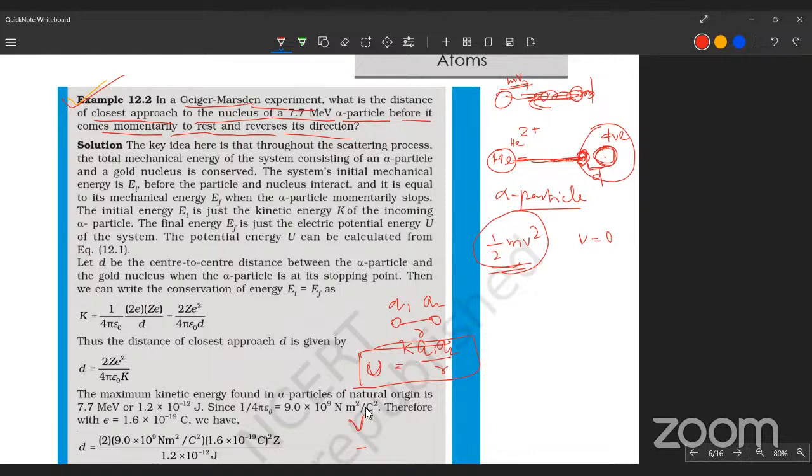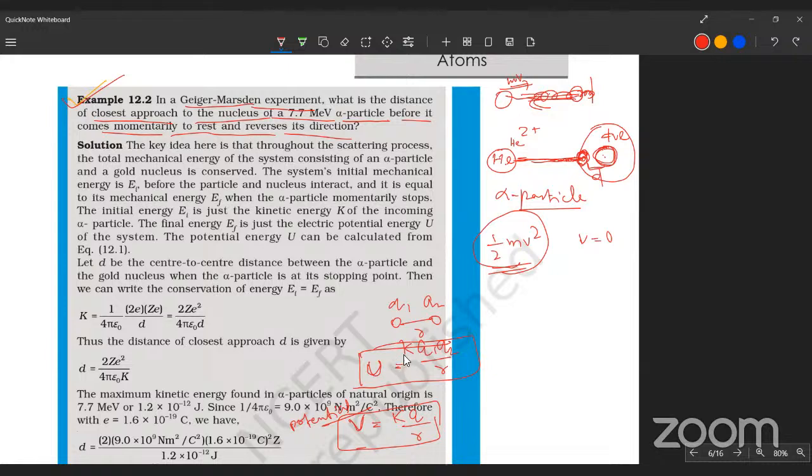Potential is potential energy per unit charge, so that will be only kq by r. This is your potential. But potential energy is k q1 q2 by r.